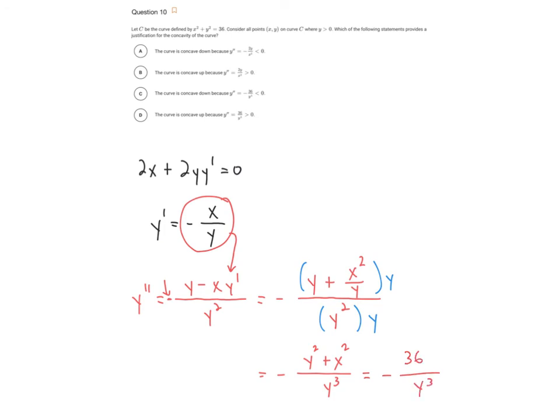Now that becomes C, and it is concave down because this is always negative, and this whole thing is always negative because y is always positive and you have a negative out front. So it's got to be C for a couple of reasons.